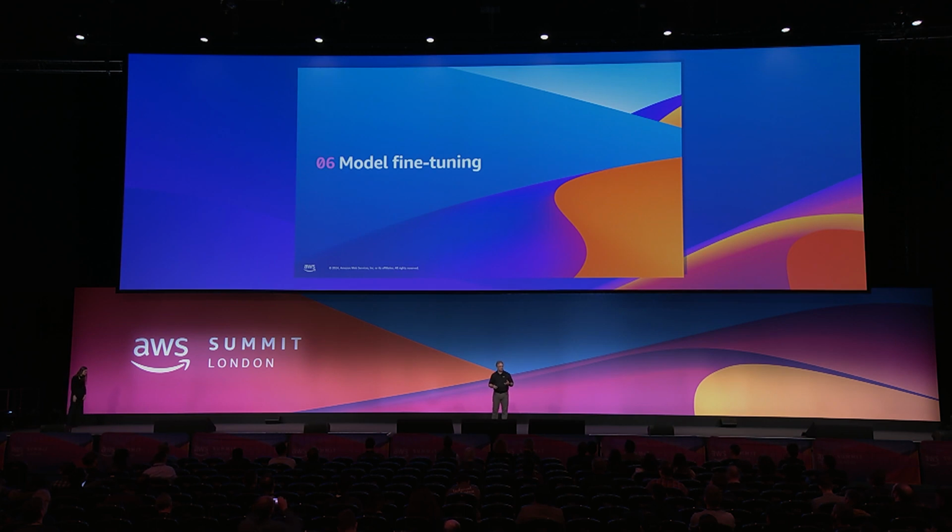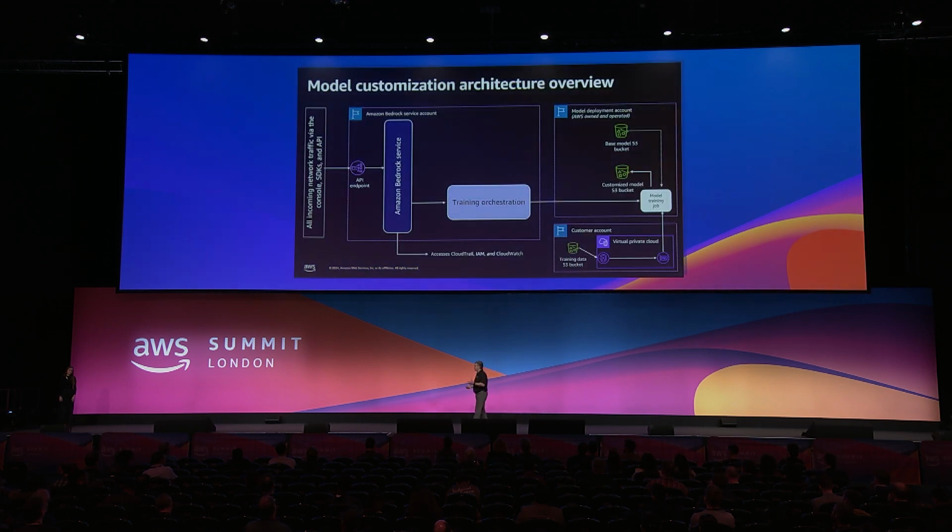Now, fine-tuning is slightly different. I'm going to go through a high-level slide quite fast, then we go into the actual details of how fine-tuning works. So conceptually, it's similar to inference. The request comes in, IAM permitting, the thing that will get passed on to the training orchestration task. What that will do is it will create, in the relevant account, so if you're training Titan Text, it will go to the Titan account and create a model training job.